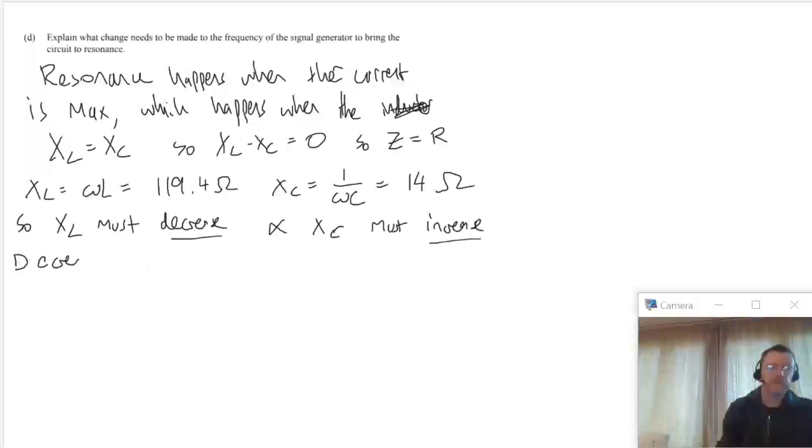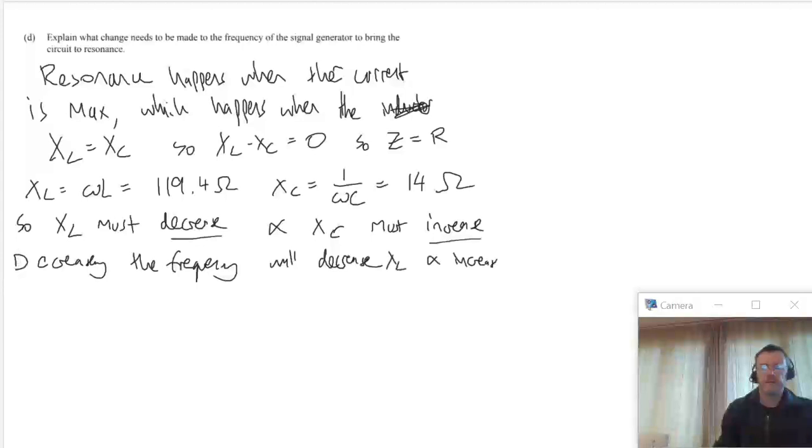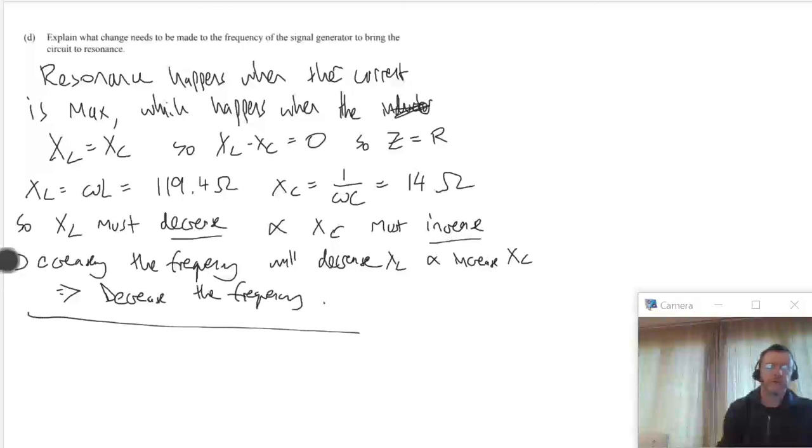Decreasing the frequency will decrease XL and increase XC, therefore decrease the frequency. Now there is another way to do this. That's a sufficient answer to get the merit point that is available here.